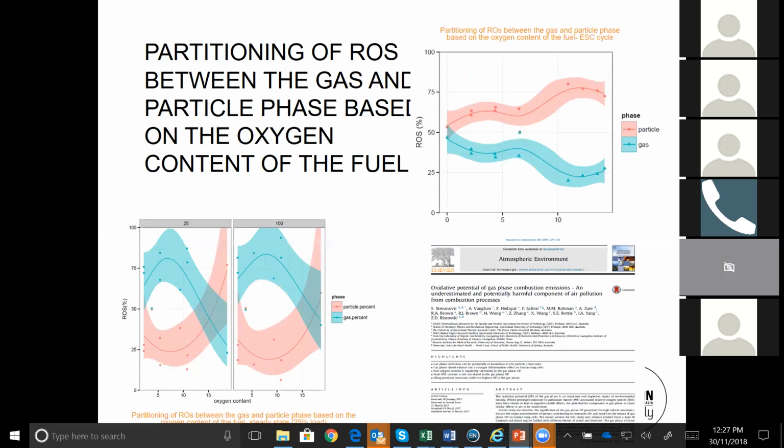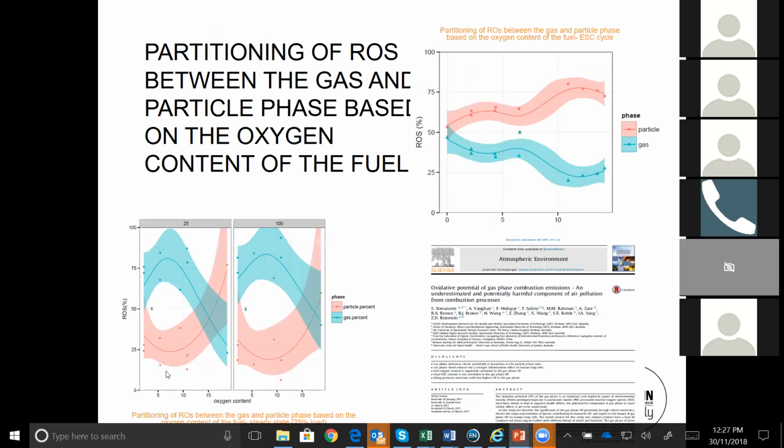So the more oxygenated the fuel is, the more oxygenated any precursor that we burn is, the more oxygenated the particles are going to be, and as a result more toxic. As we said before, oxygenated organics are more toxic. So more oxygenated fuels are going to produce more oxygenated particles that are going to be more toxic.